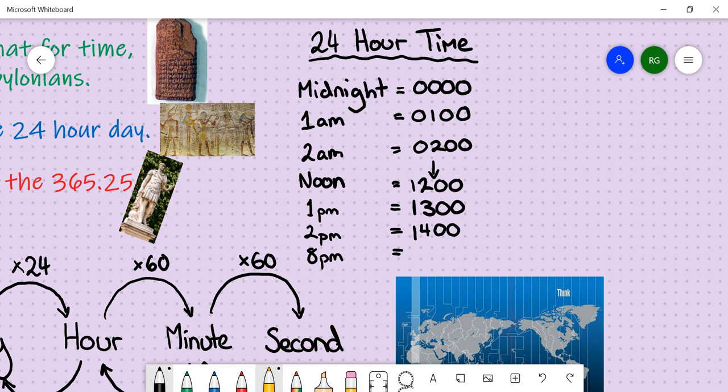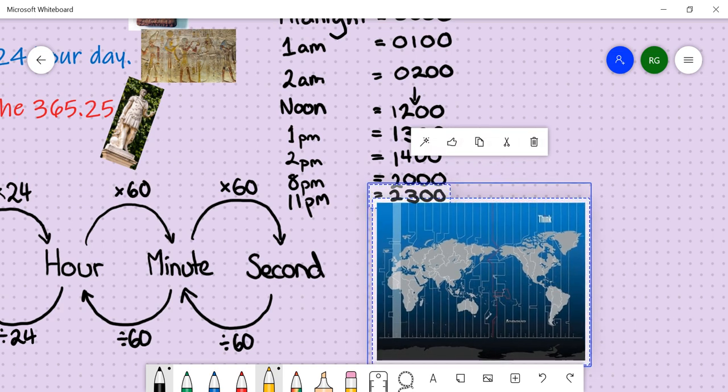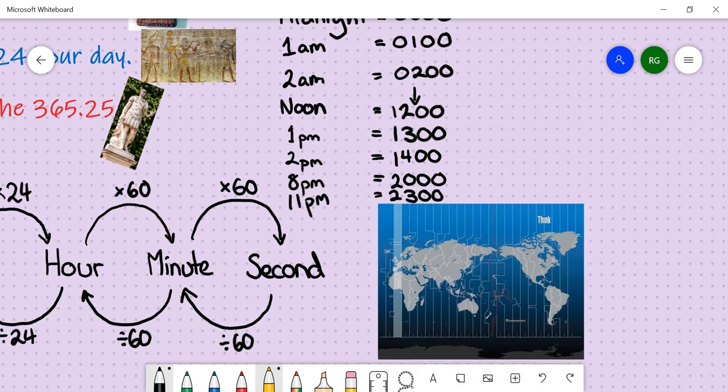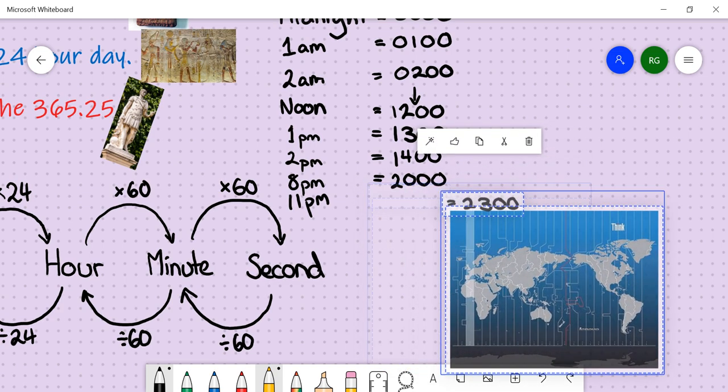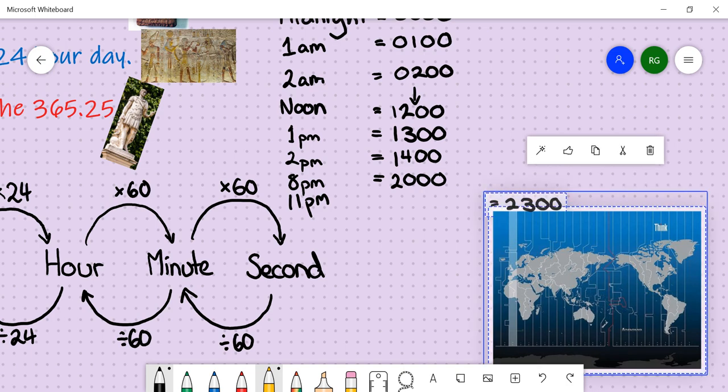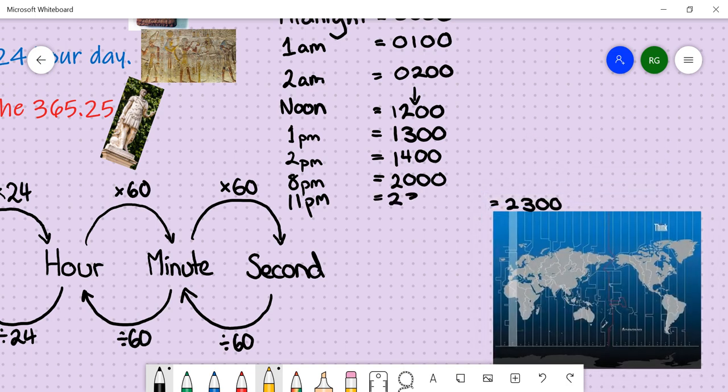So if it's 8 p.m., we're going to add 800 to 1200, which will become 2000. And then let's say at 11 p.m., that will be 2300. I'll move this. Oh, can't quite move that out of the way. I'll rewrite that. 2300.